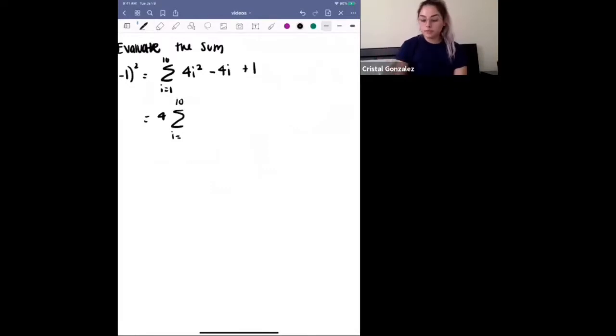So for this first term, I can factor out this 4 in the front and leave it as i squared. And then it's going to be minus the sum from i equals 1 to 10 of i. Again, here I have a constant, so I'll have that 4 in the front. And then my last one is going to be plus the sum from i equals 1 to 10 of 1.